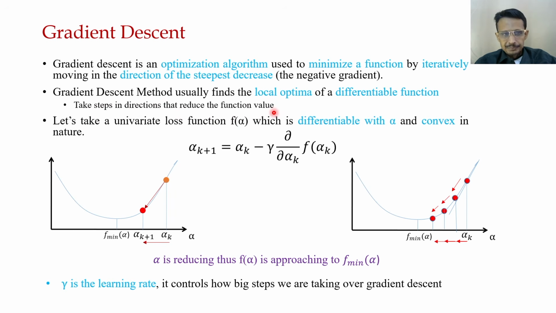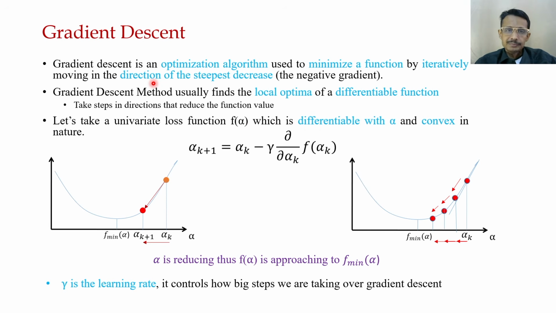But to understand this, we take a univariate function, although in our linear regression case it was a bivariate function. For simplicity of understanding, we take a univariate function f of alpha, which is differentiable with respect to alpha and convex in nature.